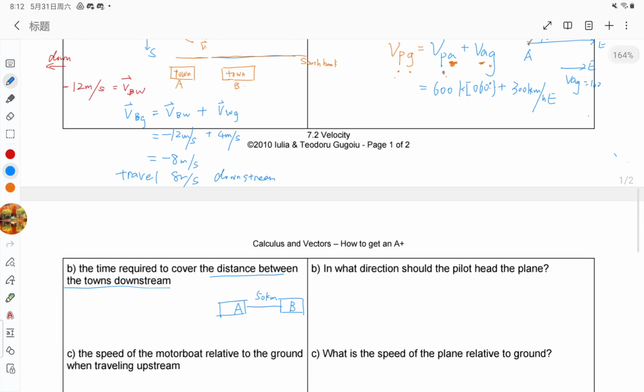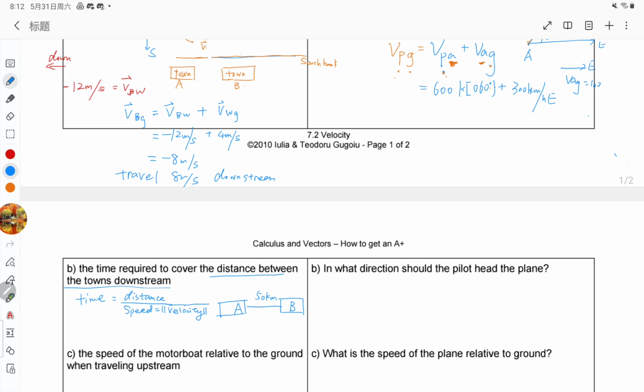I think this is just using the time, which is usually our distance over our speed, right? Or the norm, the magnitude of velocity, okay? Because velocity usually gives us the direction, right?